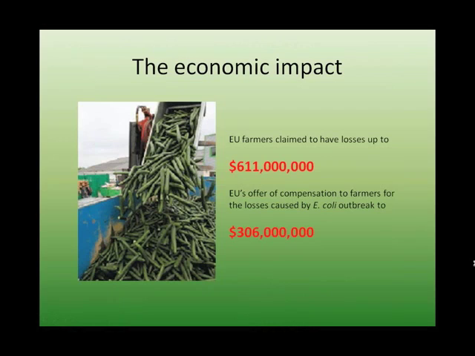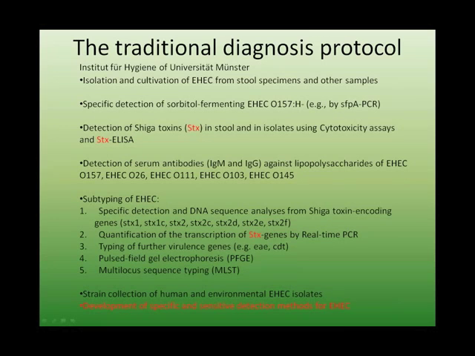This slide shows the traditional diagnosis protocol of EHEC from the Institute of Hygiene of the University of Münster. As you can see, the whole diagnosis protocol is based on the characteristics of the E. coli O157 strain, which is the most common strain of EHEC outbreak.